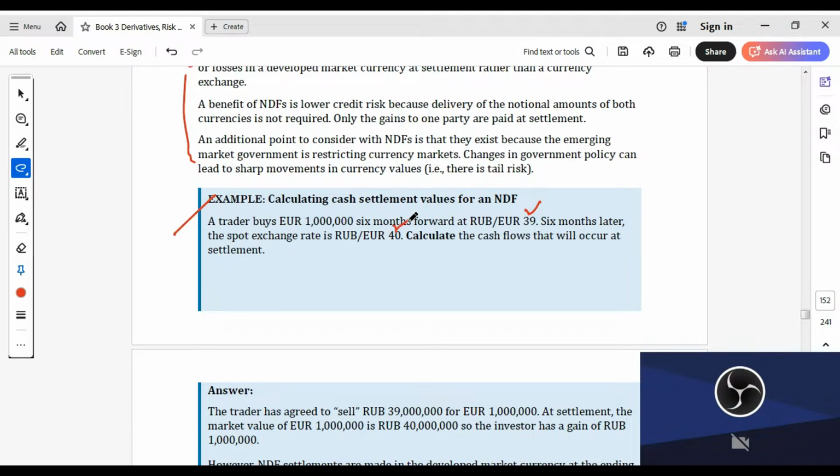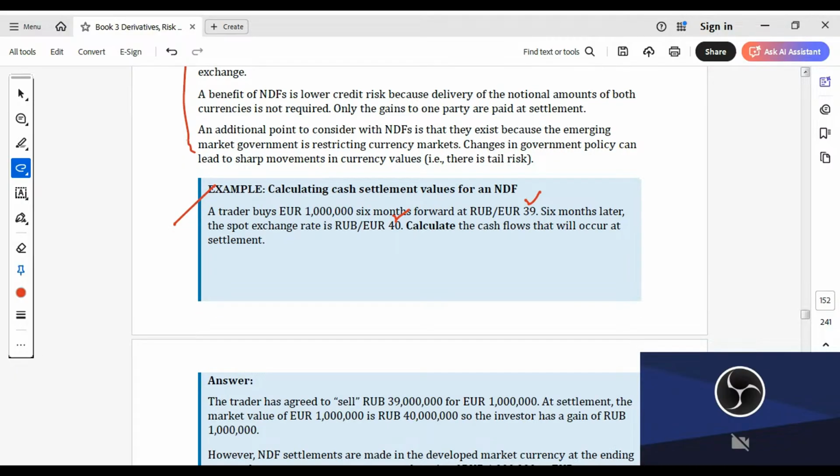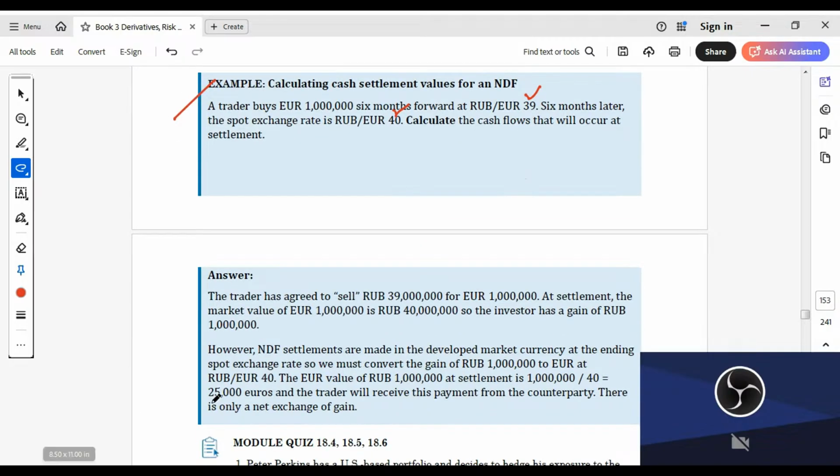So you have earned 1 ruble per euro into 10 lakh euro. So you have earned 10 lakh rubles. But you will not get rubles, at the rate at that time of rubles per euro, 10 lakh divided by 40, right? 10 lakh divided by 40, you will get 25,000 euros. It is always settled in terms of the harder currency.